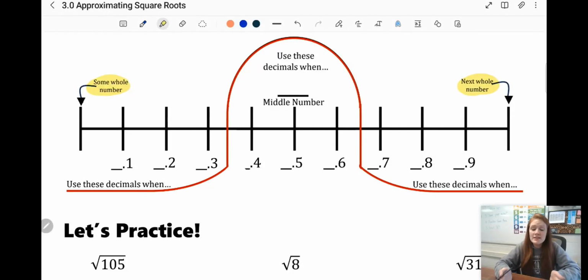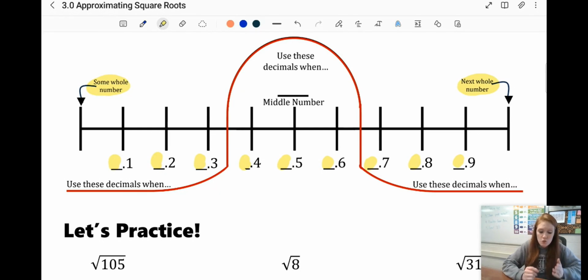So if we have identified that our non-perfect square root falls between 5 and 6, what we have found is that this is 5.1, 5.2, 5.3, 5.4, 5.5, 5.6, 5.7, 5.8, and 5.9. All of those decimals exist between 5 and 6, or between 8 and 9. All of these decimals exist.